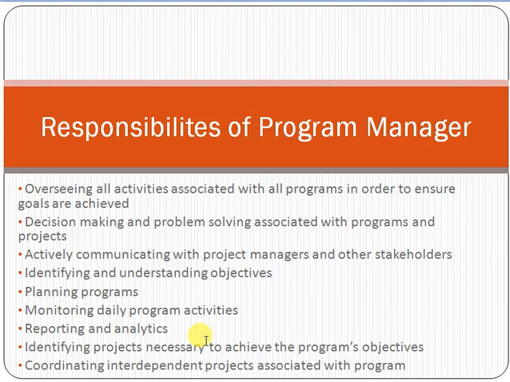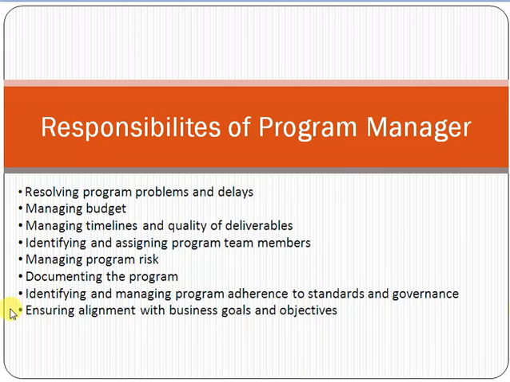If any further project needs to be started to achieve the objective or goal, he can discuss and initiate it. Coordinating interdependent projects associated with the program. He is also resolving any problems, delays, managing budget, cost, timeline, quality related to the program, identifying and assigning program team members, managing the program risk if there is any, documenting the program, identifying and managing program adherence to standards and governance, and ensuring alignment with business goals and objectives.